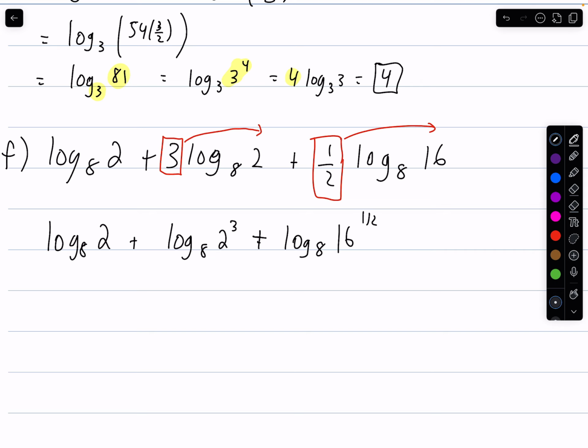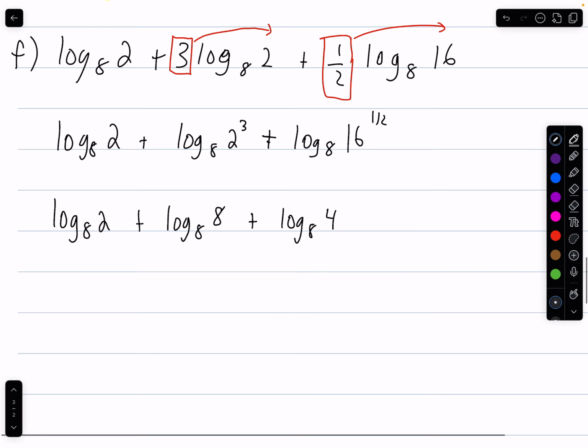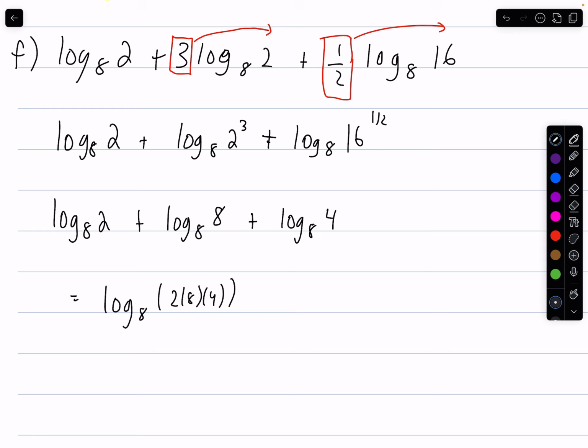Let's clean this up. Log 8, 2 plus log 8, 2 to the power of 3 is just log 8, 8, plus log 8, 16 to the power of a half is just the same thing as the square root of 16, which is 4. And then from here, now we have a simple product rule, where it's log 8, 2 times 8 times 4, which is log 8, 64.